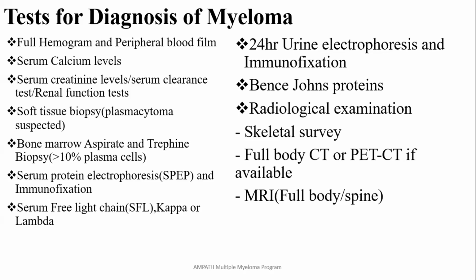Apart from serum protein electrophoresis, you can do a serum free light chain assay. You know that an immunoglobulin has a heavy chain and a light chain, and you can have a type of multiple myeloma that is a light chain multiple myeloma only, and some of it may be excreted in urine.